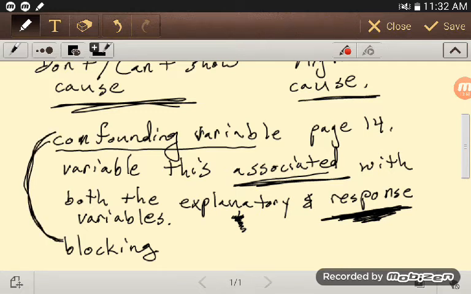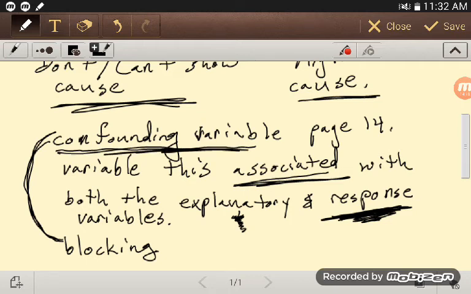I really see those as going hand in hand. In other words, when you're blocking, so they mention in their definition of blocking, for instance, if we are looking at the effect of a drug on heart attacks, we might first split patients into low risk and high risk blocks. The risk factor is a confounding variable.